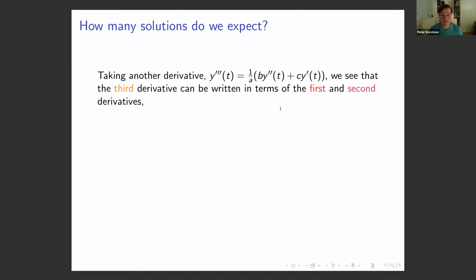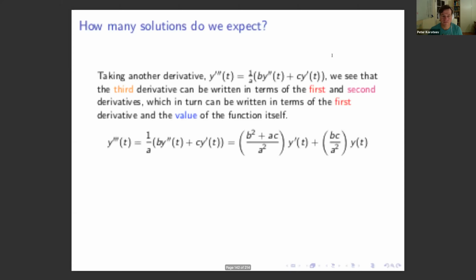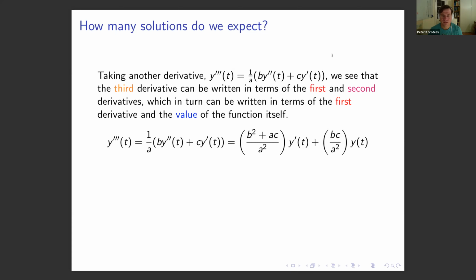So if you take another derivative of both sides of this equation, y triple prime is equal to, again, there's a minus sign, 1 over a times (b y double prime plus c y prime of t). We can see that the third derivative can be written in terms of the first and second derivatives, which in turn can be written in terms of the derivative and the value of the function itself.